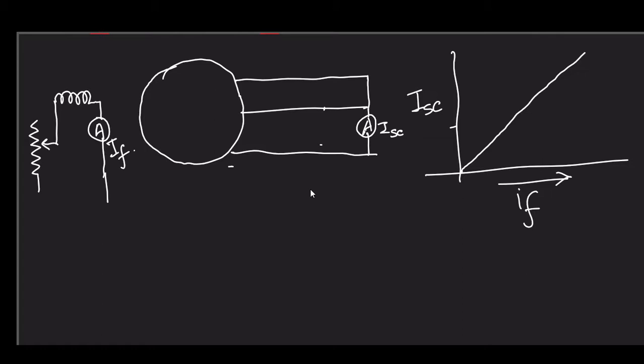Obviously, don't get confused that IF will be 15 or 10. IF, the field current, is generally limited for a small machine. If 10 ampere is the full load value, you can expect IF in the range of 0 to 1 ampere, a maximum variation of 1 ampere.